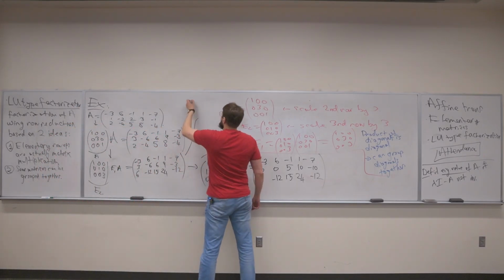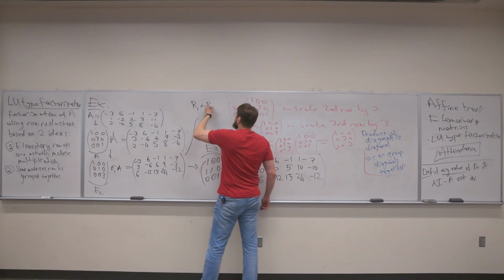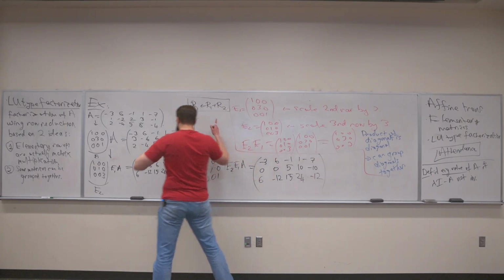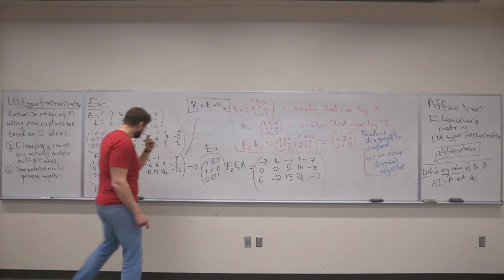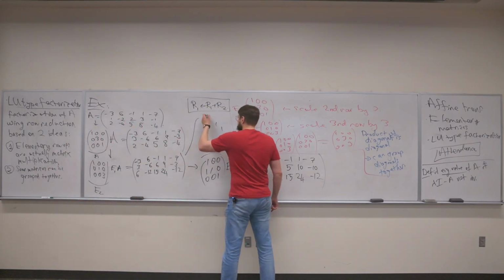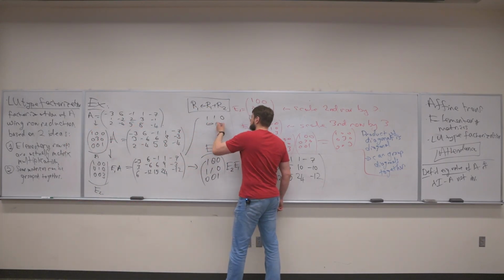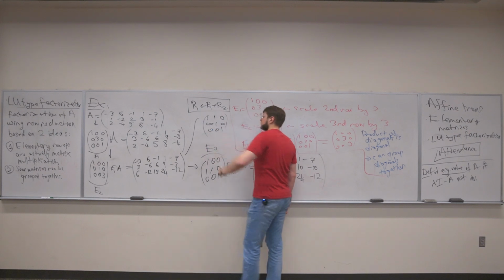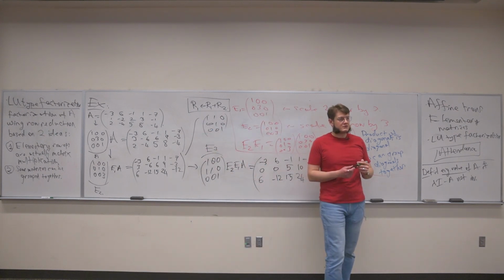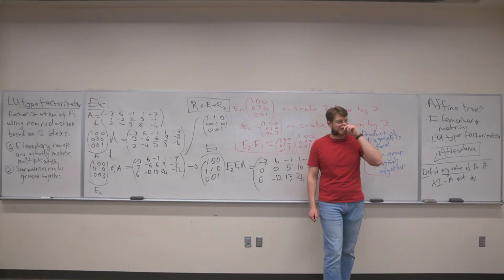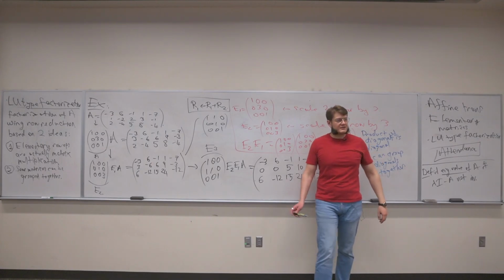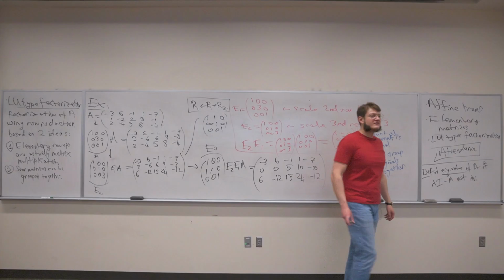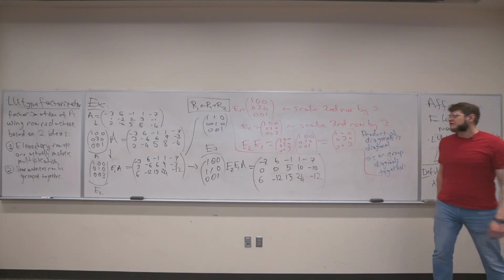So for this operation, let me think. Yeah, it will be this. So it's like the column is the one you're doing the operation on, and then the row is the one that you're adding. Yeah, exactly.